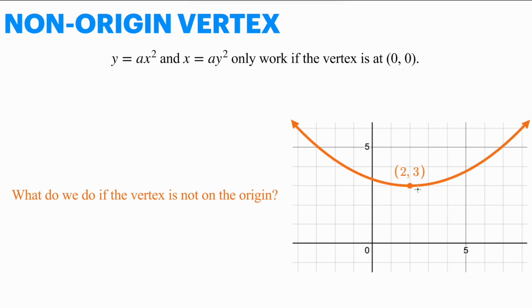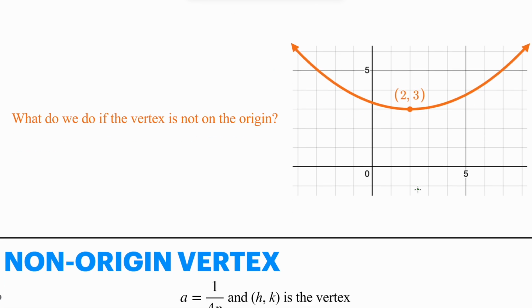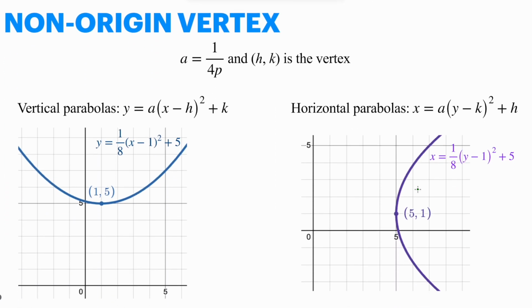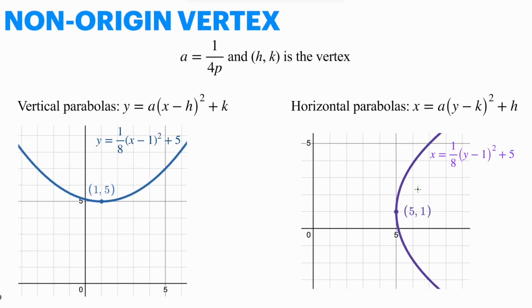So what are we going to do when the vertex is not on the origin? Here are the two equations, one for it opening up and down, and one for left and right. A = 1/(4P) is still the same equation as before. And this comes from the vertex form of a parabola.